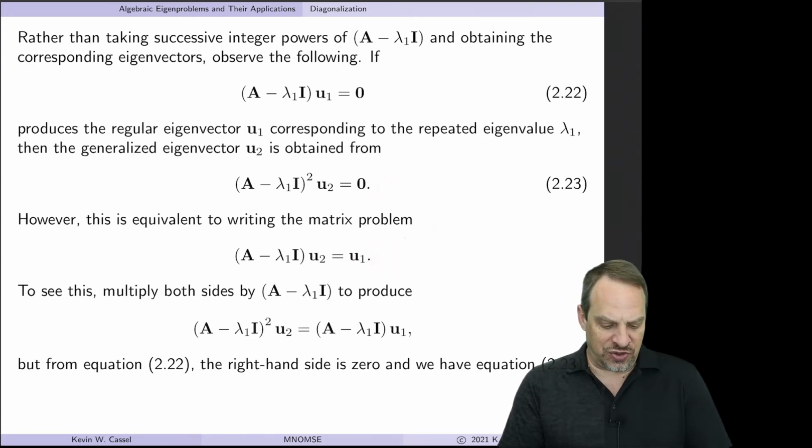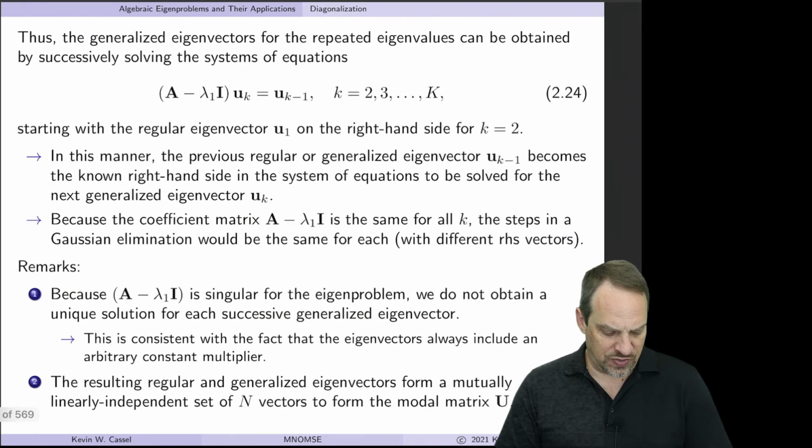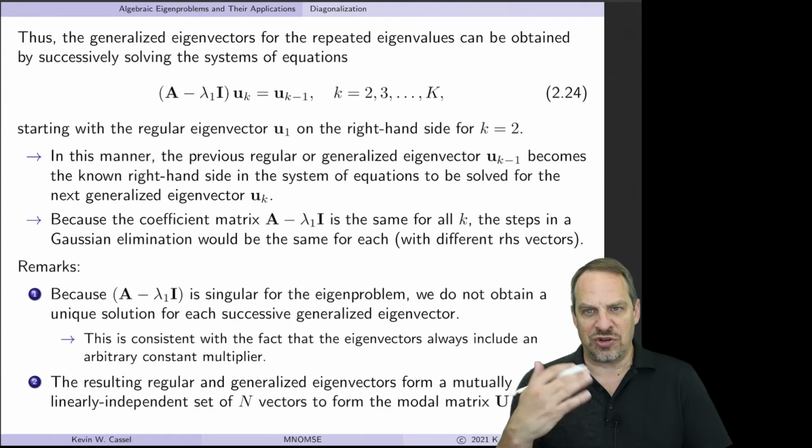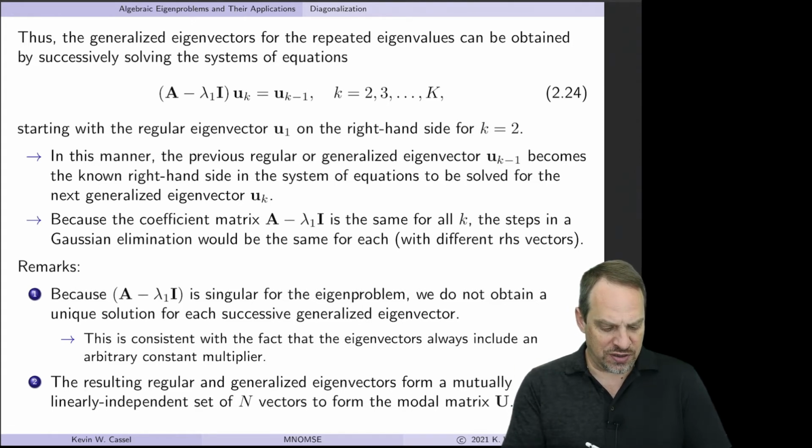So I can either solve this problem with the coefficient matrix squared, or solve this problem with the same coefficient matrix that I had before, now using u1 as the right-hand side vector in my system of equations. So in summary then, you can generalize this for any k.